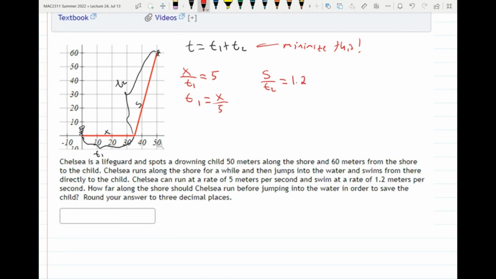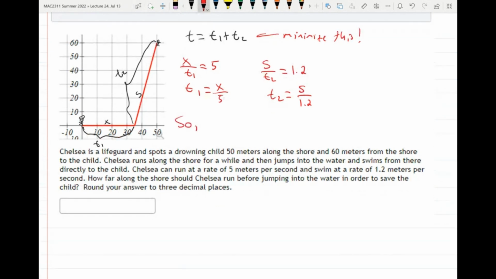So what is t2? s over 1.2. Are we okay with this? Yes. Okay. So now that we know T1 and T2, we can write our formula. T is going to be x over 5 plus s over 1.2.